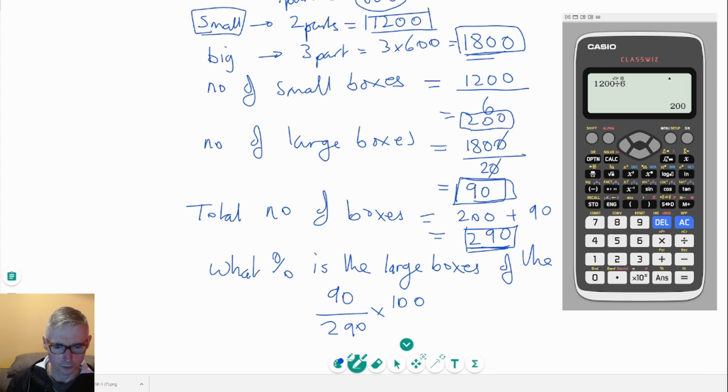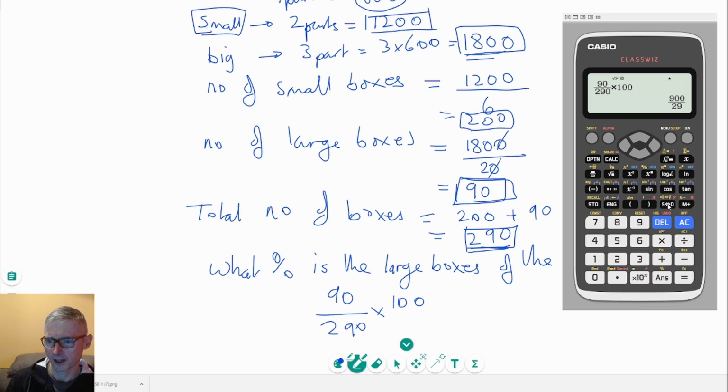So I'm just going to use the calculator again for that one. So I've got 90, in fact I'm going to use the fraction button. So there we go, fraction button's there. So 90 on top of the fraction, navigation keys, and move down to the bottom of the fraction, 290, and then I'm just going to multiply all of that by 100, and you can see that's giving it to me as an improper fraction.